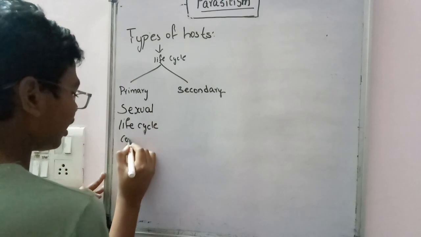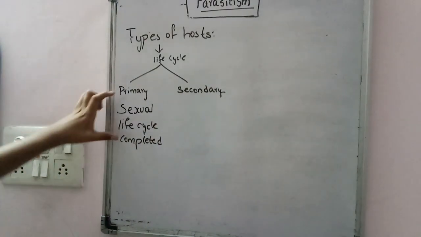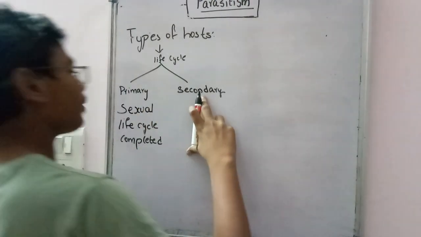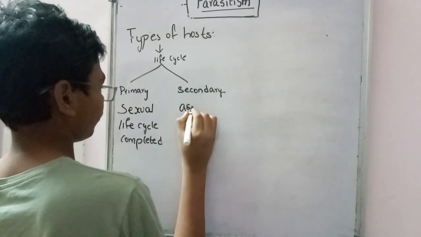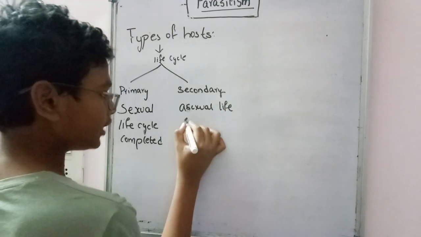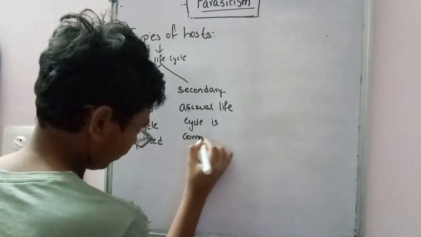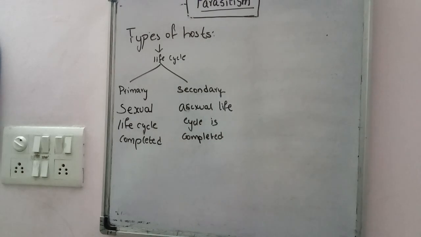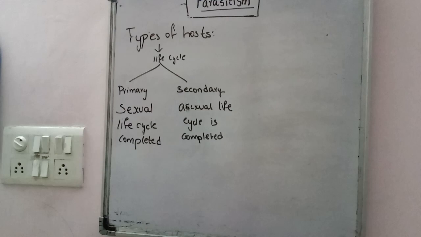In the secondary host, the asexual life cycle is completed. So this is the difference between secondary and primary.